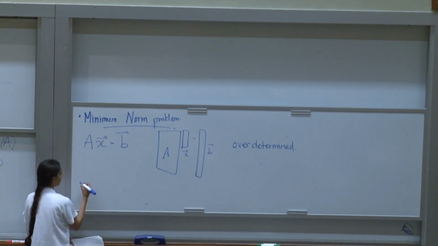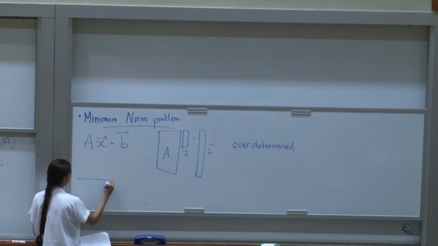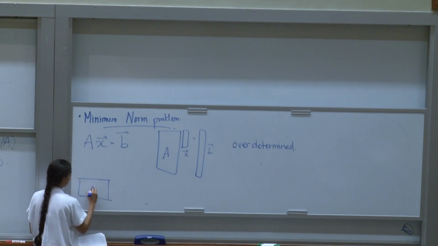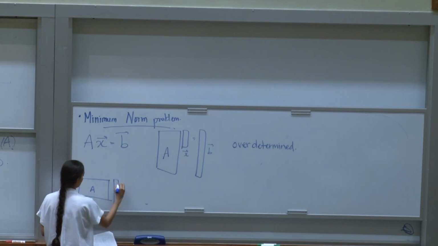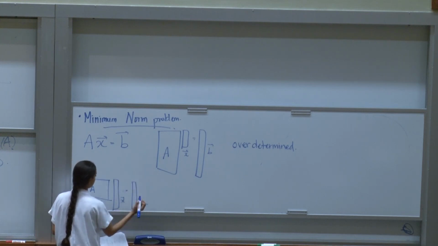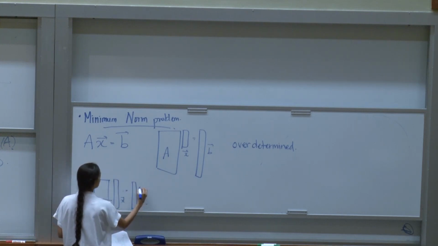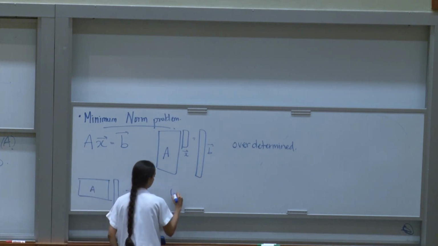What about the case where A is a wide matrix? So I have Ax is equal to b. So I have an underdetermined system.